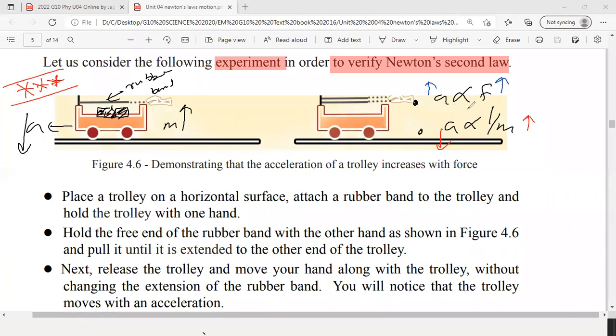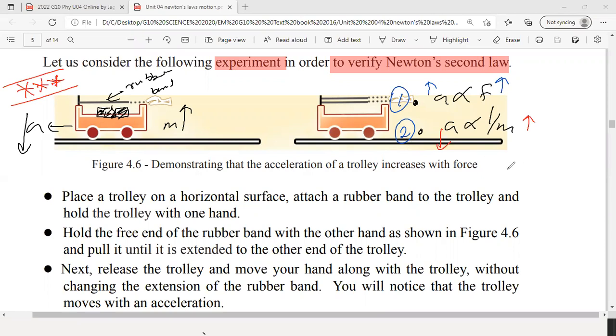So what are the two main facts of Newton's second law? Number one is this, number two is this. Sometimes in the exam they will ask you not to write Newton's second law, but the two main facts of Newton's second law. Then the first fact is: acceleration is directly proportional to the force.